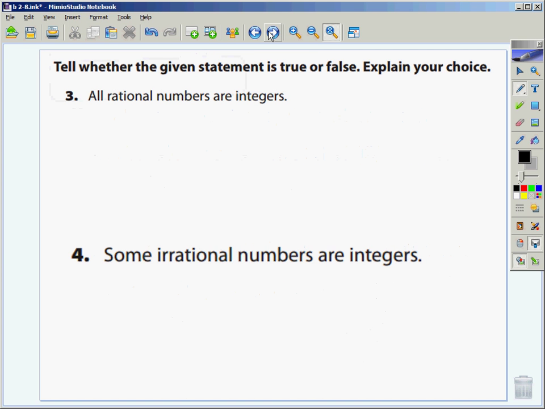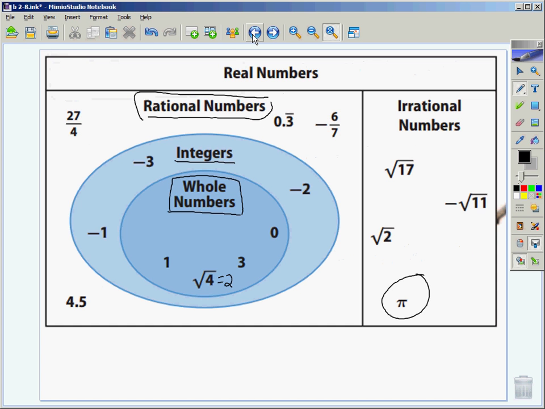Tell whether the given statement is true or false. Please don't stop there. Explain why. All rational numbers are integers. True or false? False.